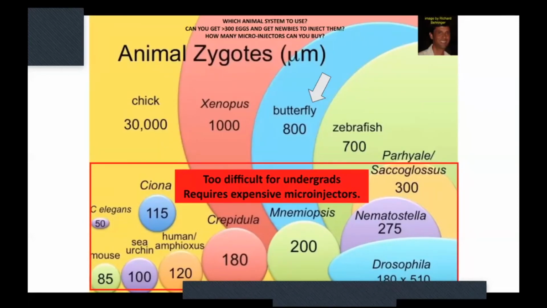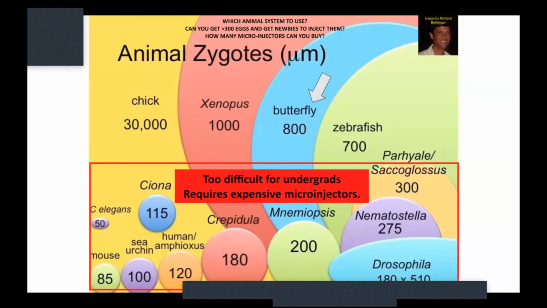If you're trying other organisms like Drosophila, mosquitoes, or I don't know, snails or marine organisms, the eggs are going to be smaller. The eggs might be easy to get, like sea urchins can produce a lot of eggs on demand, but it's going to be so small that you're going to need very, very talented undergrads to inject them, and that requires expensive microinjectors with high precision.